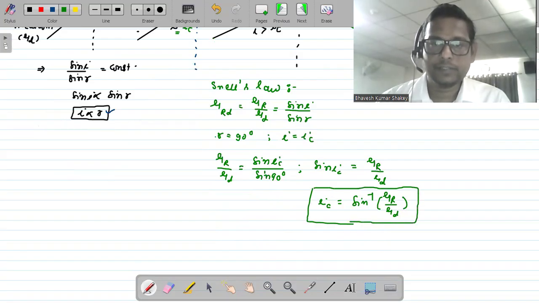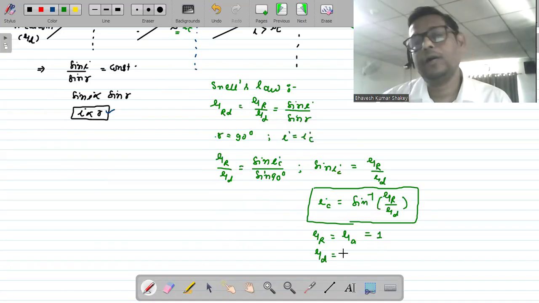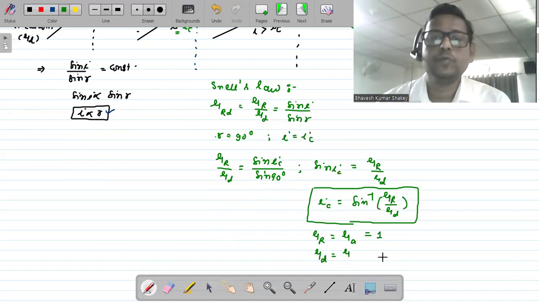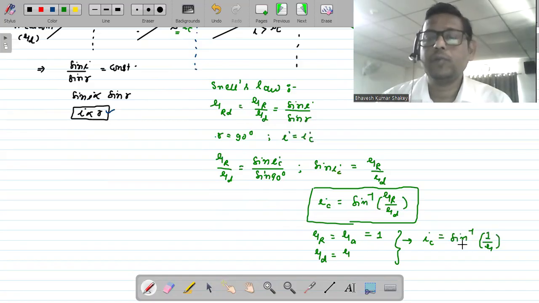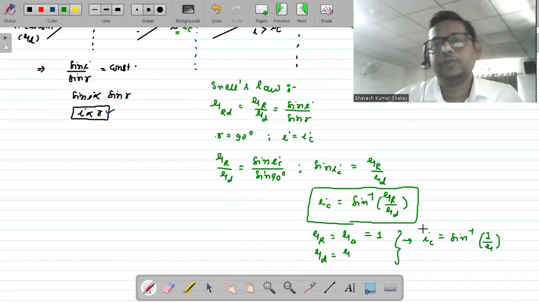Let's see a case where the rarer medium is air. Its value is 1, and the denser medium has refractive index mu. In this case, I can write the critical angle IC is equal to sin inverse 1 upon mu, because there are a number of problems where the interface is of glass and air, so you can apply this formula.